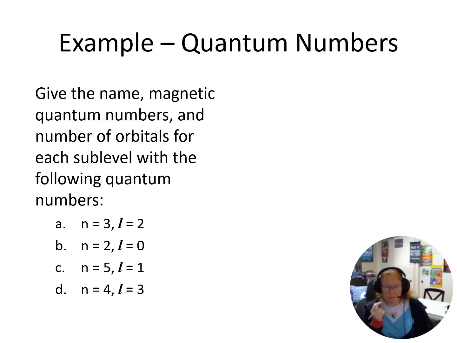All right, now we're going to take a look at some various different n and L combinations, and we're going to figure out the name of the orbital. So is it a 1s? Is it a 4f? All right, we're going to figure out the name of the orbital. We're going to get the m sub L values and the total number of orbitals allowed with the particular n and L combination.